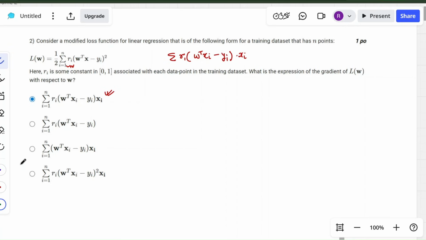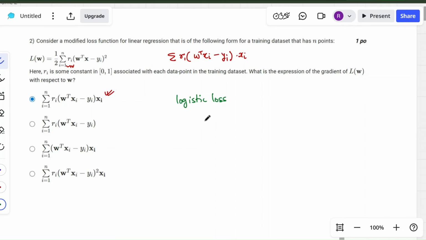Let me also discuss another case where, I don't know if anyone has ever considered taking the derivative of the log likelihood or the logistic loss, which is the binary cross entropy loss.